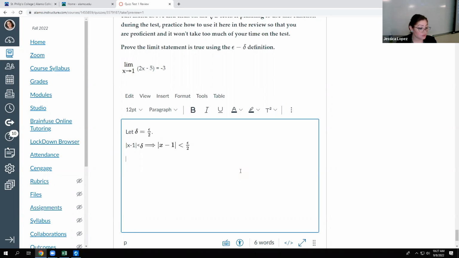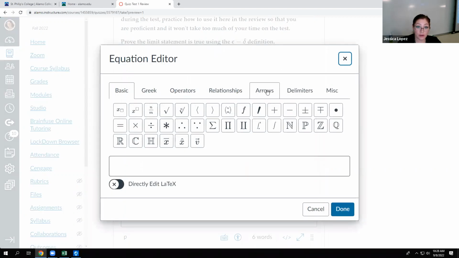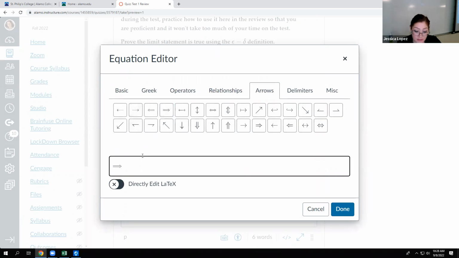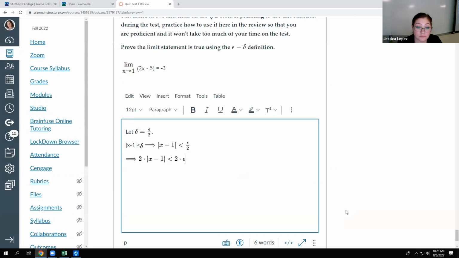Then the next thing I'm going to do, since on my paper I had divided by 2, is do the opposite, which is to multiply by 2. So arrow implies absolute value of x minus 1. Oh, I forgot to do times 2. 2 times absolute value of x minus 1 is less than 2 times epsilon. So all I've done is multiply by 2, right?